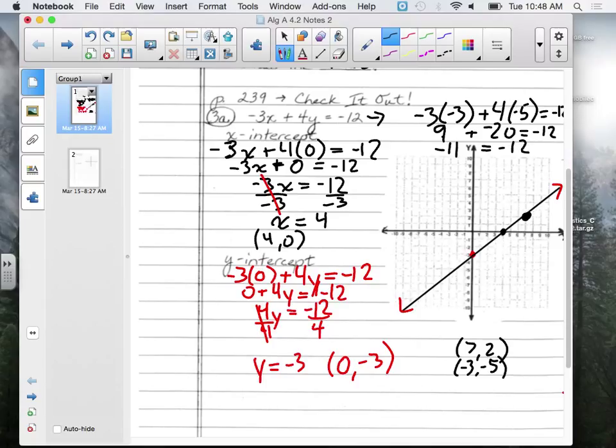That doesn't work either, does it? What about 8? What about -2?